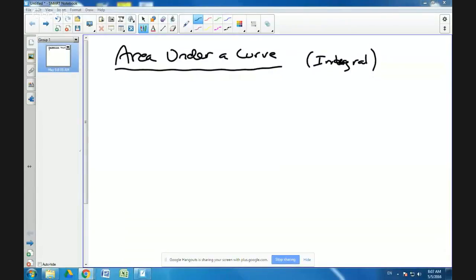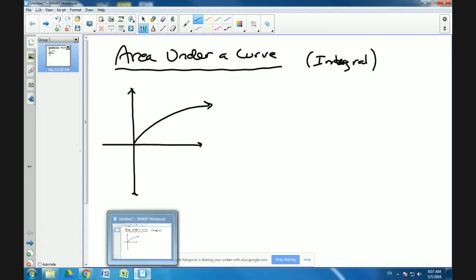All right, so area under a curve. Basically what we're doing is using, at this point in your development, geometric terms.